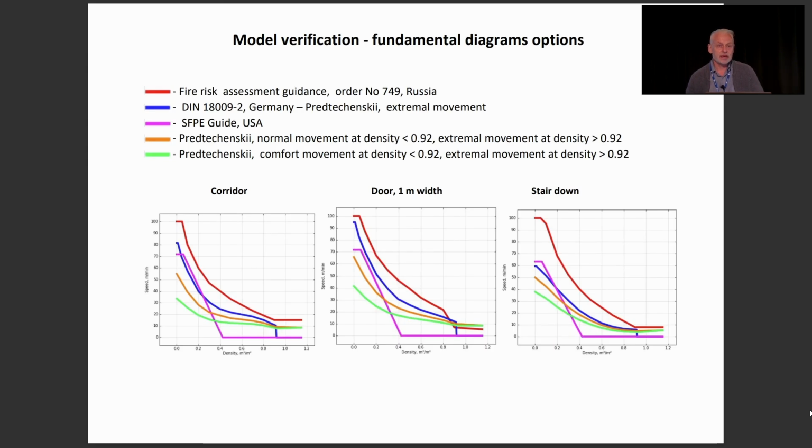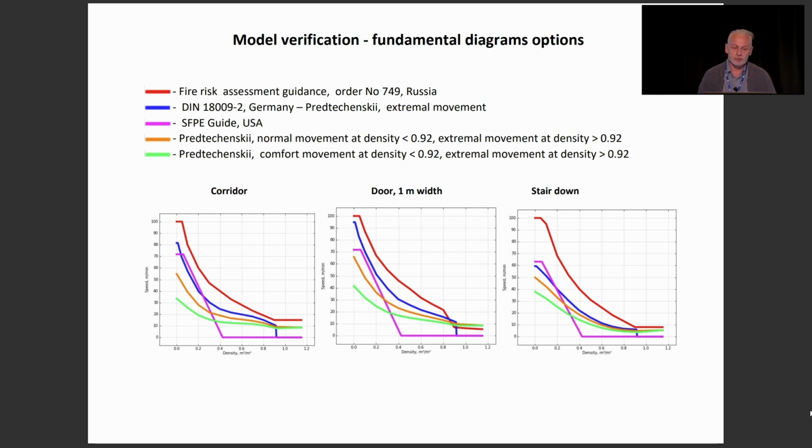To make verification, we have used three options of speed density functions. Three of them are from Predtechensky book: the comfort movement, normal movement, and extremal movement, that is similar to the German guide for fire safety engineering.